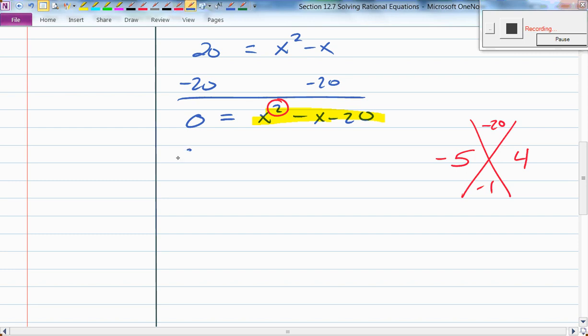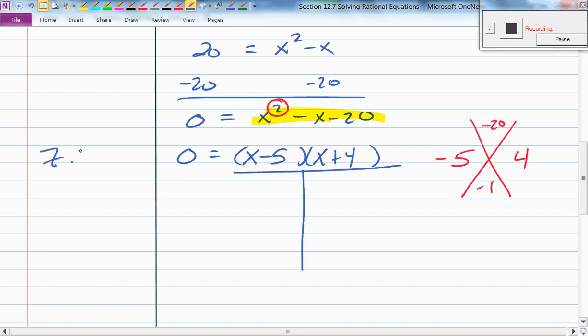So we have 0 equals, I'm going to factor this now. We've done this a million times, so this should be good to go. x minus 5 and x plus 4. Now, back to what you said before. What property allows me to continue to solve? Yes, the zero product property, because I have two numbers being multiplied together, and they equal 0.